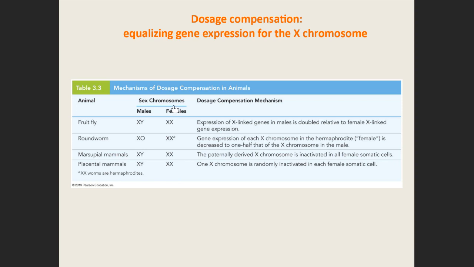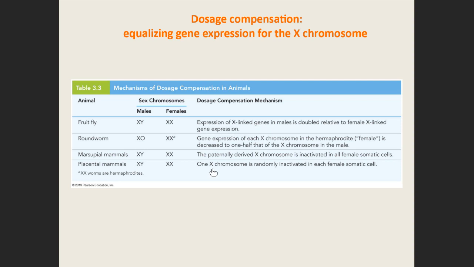But in all cases, there's an imbalance in the number of genes coming from the X, and there are mechanisms that compensate for that. They call it dosage compensation, to equalize gene expression for the X chromosome. And this dosage compensation takes very different mechanisms from organism to organism. We're going to look at what happens in mammals.